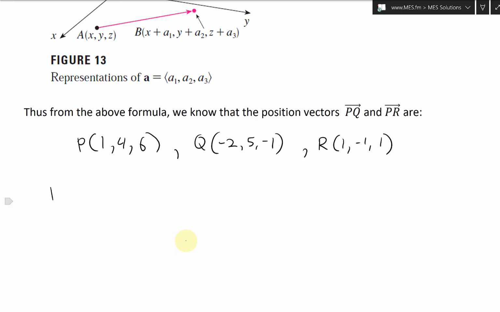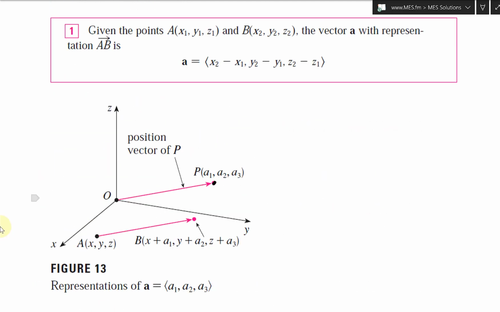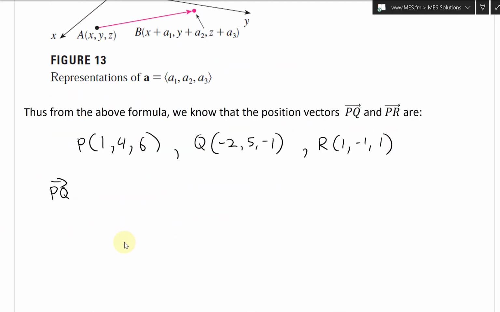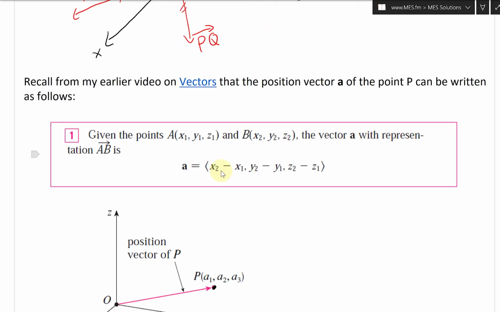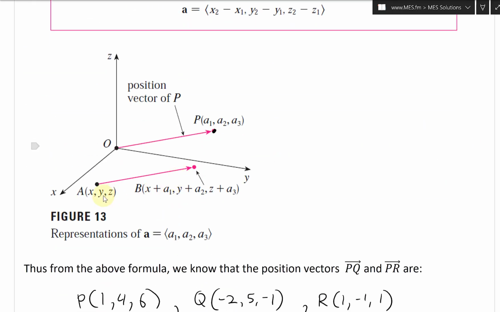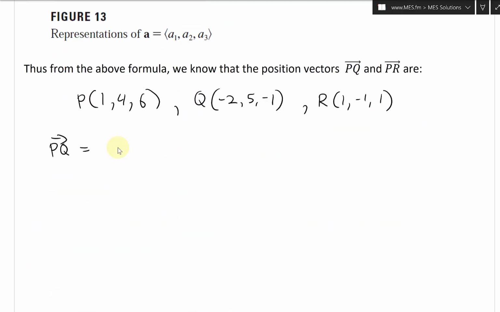So this means that position vector PQ from the origin, when we shift it over there, is going to equal, using this formula, we just subtract them. There's just a difference there, and then we could write them starting from the origin.